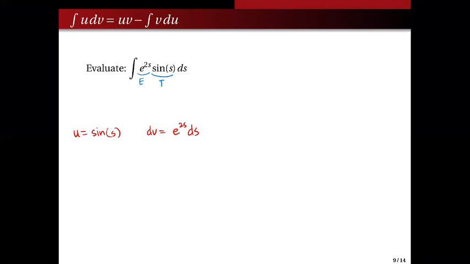Now, again, I will put subscripts. This is u1, this is v1, so you expect I will apply integration by parts again later. So here du1 is equal to the derivative of sine s, that's cosine s ds. v1, if we integrate this, will be e to the 2s over 2.